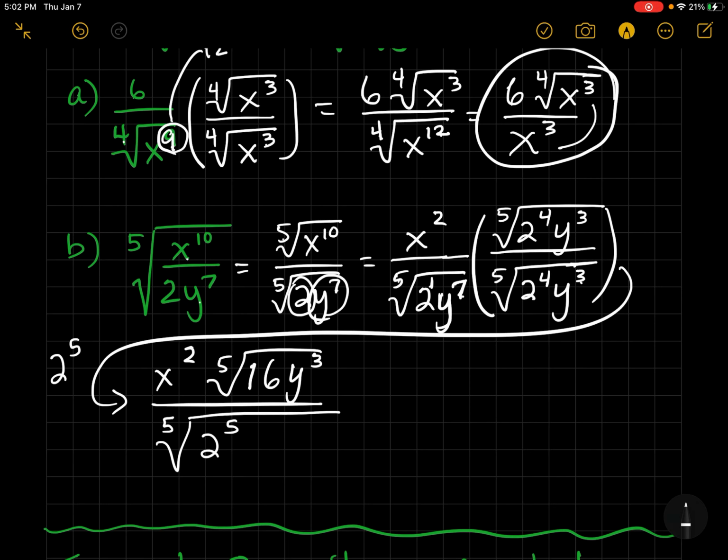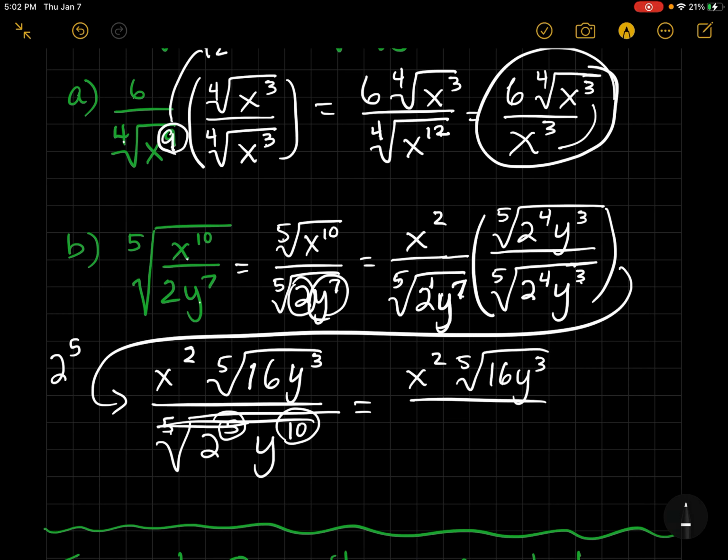And 7 plus 3 is 10. So now we can see 5 goes into here evenly and into here evenly. So that's going to cancel, and everything's going to work out real good. So I have x squared, 5th root of 16y to the 3rd, and that gives me 2y squared. Notice the 5 goes into 5 one time, and 10 divided by 5 is 2.